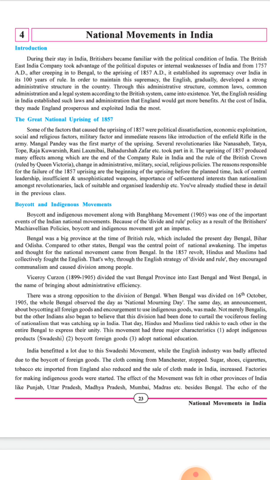The Bang Bang movement had three major aspects: adoption of Swadeshi goods, boycott of foreign goods, and adoption of national education.